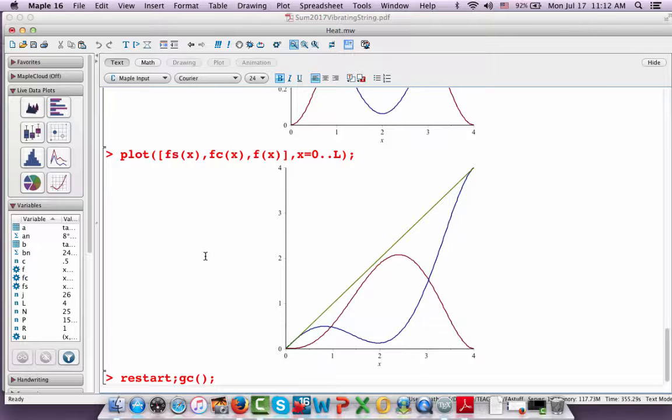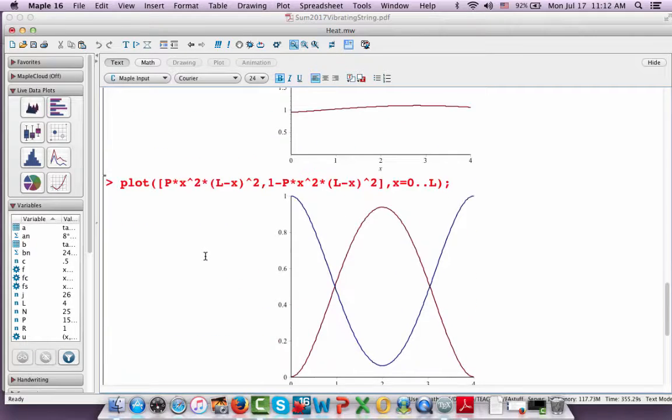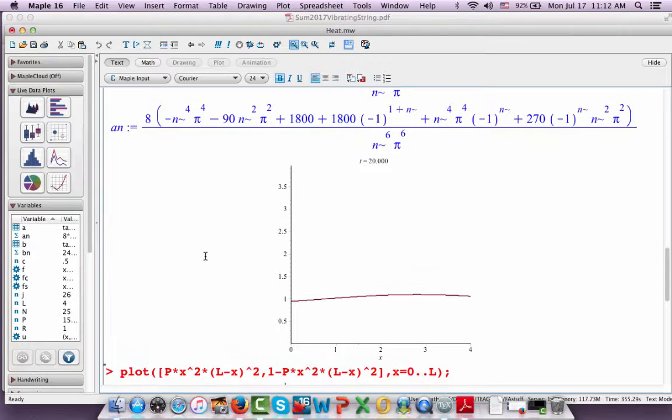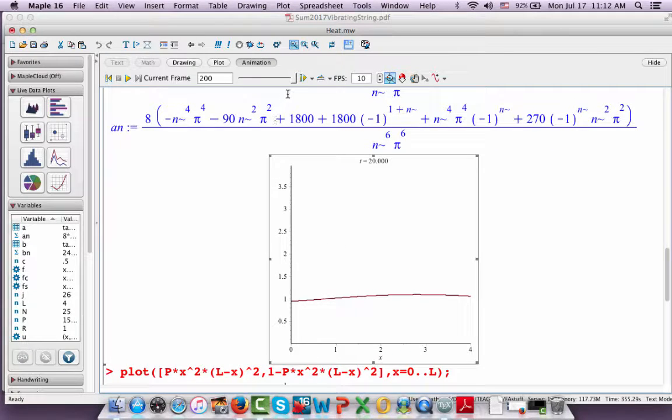And we can actually see if we make the room temperature equal to the average temperature in our bar. Well, what is the average temperature in our bar? Our function's x from 0 to 4, so I'd have to integrate x from 0 to 4. What's that going to be?